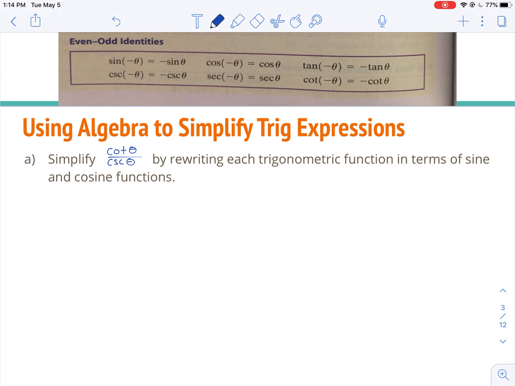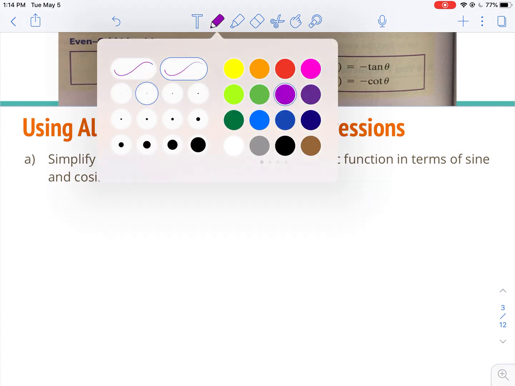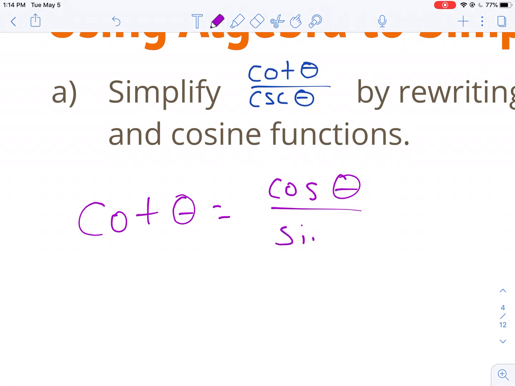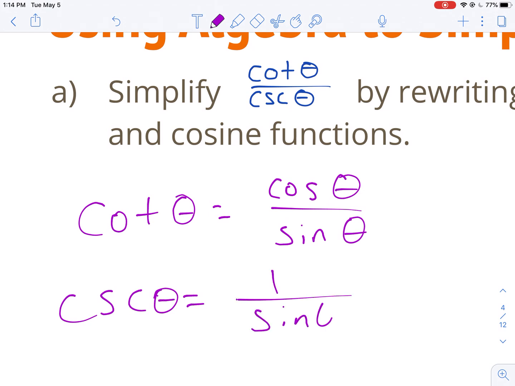cosine in it. What we do is I'm going to go through the process of saying that the cotangent of theta is equal to the cosine of theta over the sine of theta, and the cosecant of theta is equal to 1 over the sine of theta.